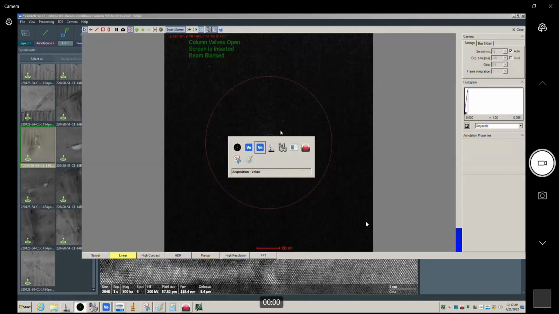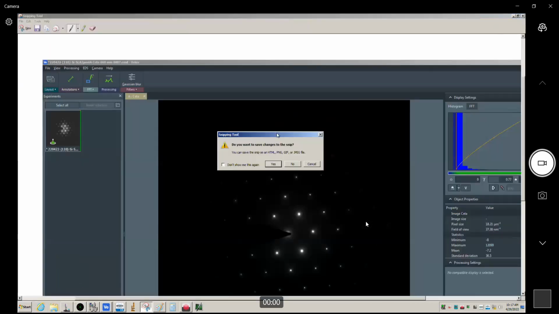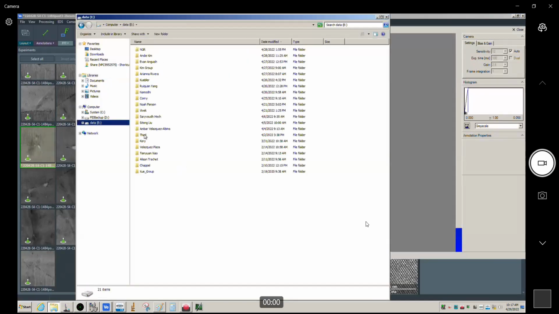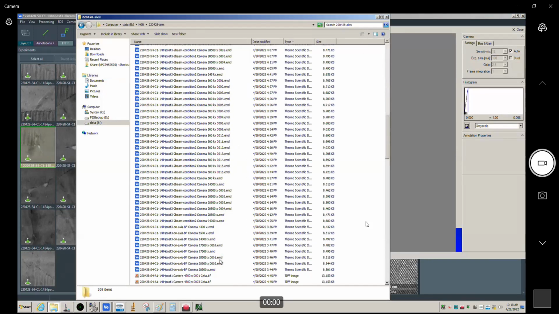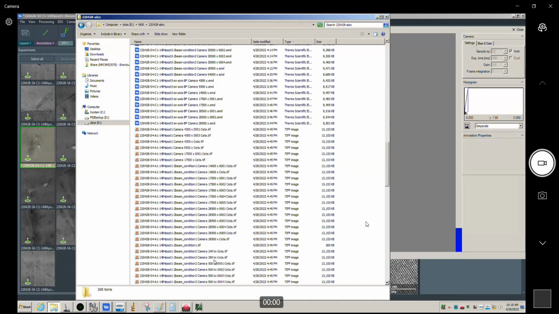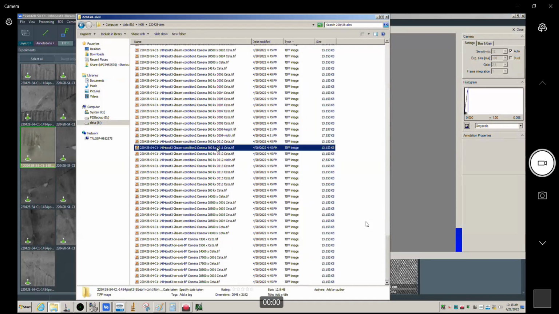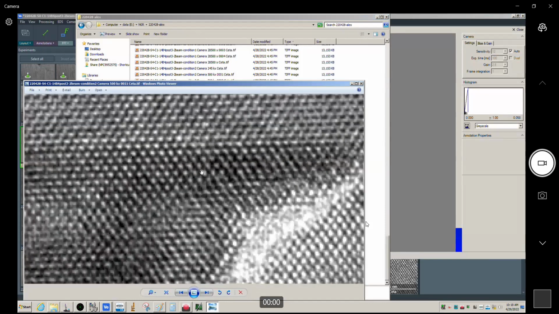So if I find the TIFF, I want to find the TIFF that I exported. Okay, if we scroll in here, the TIFF doesn't actually have that.